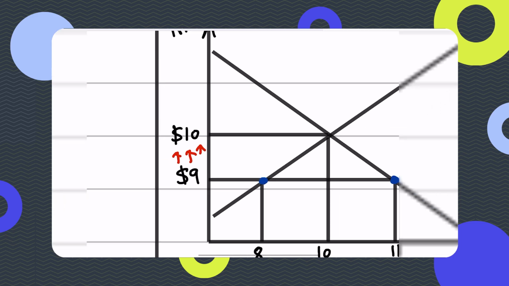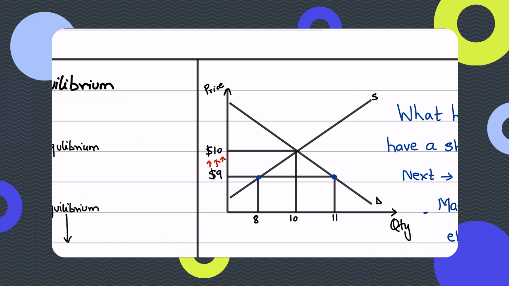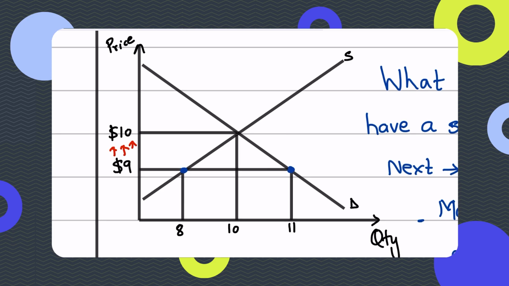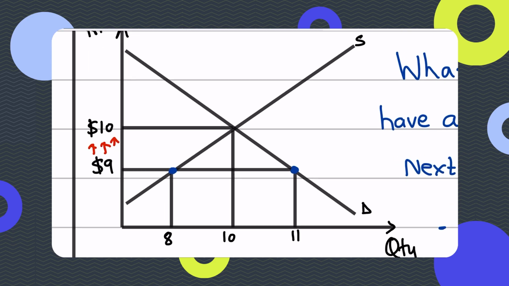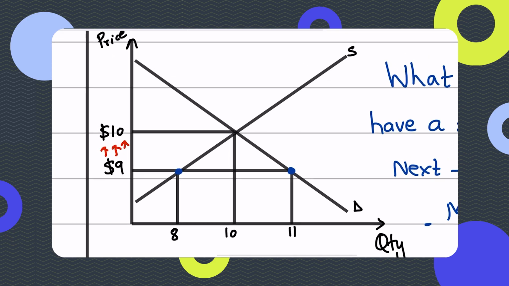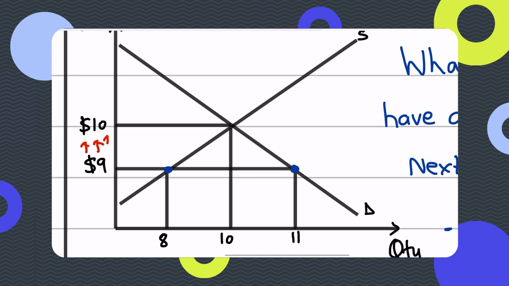Remember, guys, that prices would keep on rising, and at the price of $9, the quantity supplied is 8, but the quantity demanded is 11. So when the price starts going up, the quantity demanded starts to contract because of the law of demand.